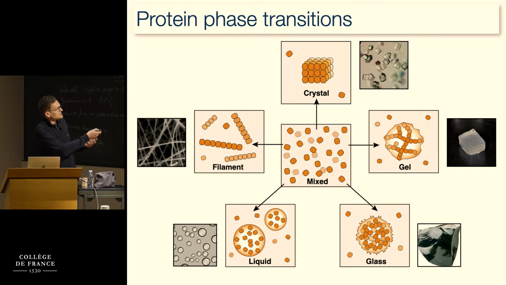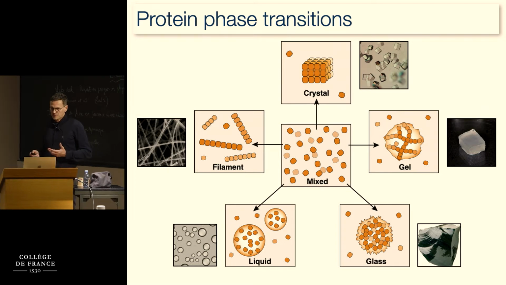They can form filaments, or highly ordered crystals. They can also form gels. They can form glasses, which are kinetically arrested states. And they can also phase separate into 2 liquid phases: a dense phase and a dilute phase that coexist. And these are all phase transitions.